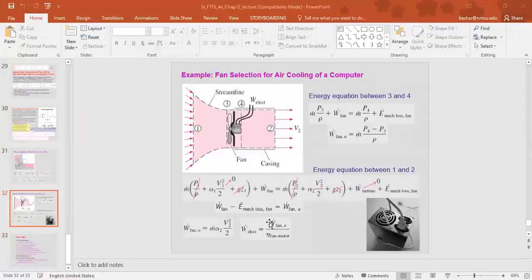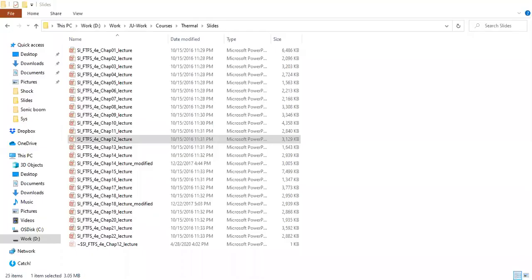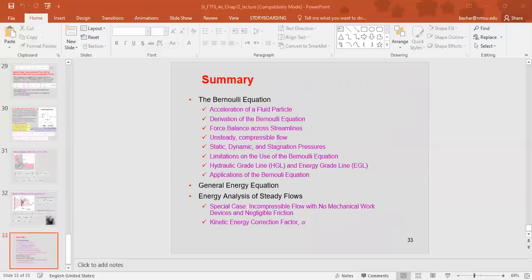Okay, now we'll come to a couple of examples. If we go back to the examples from our textbook, let's look at the examples.